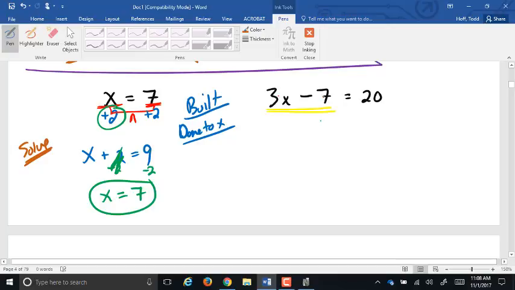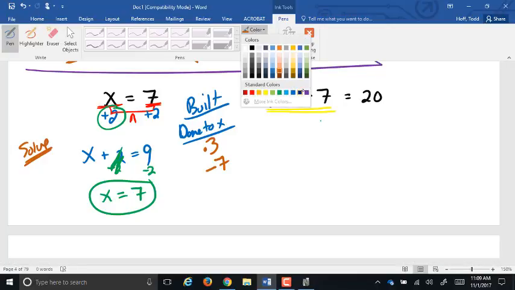Would we multiply it by 3 or would we subtract 7? Order of operations says that first we would multiply by 3. Well, I'm not talking about solving it yet. I'm talking about how this was put together and built. You are right on solving it. So if x was a number, the first thing that would happen to it would be multiplied by 3, and then the 7 would be subtracted from it.